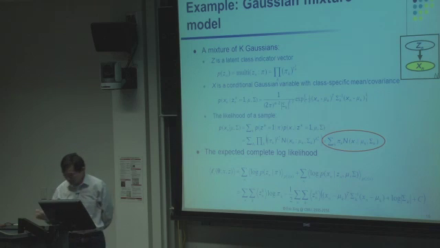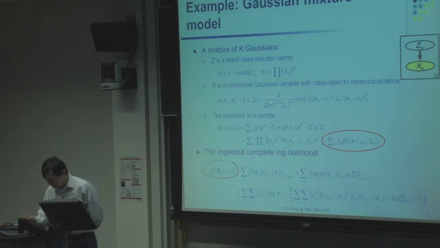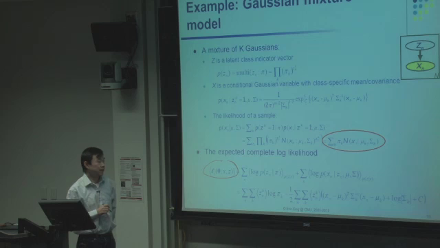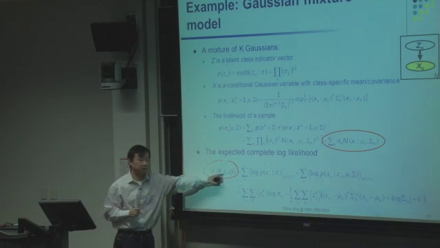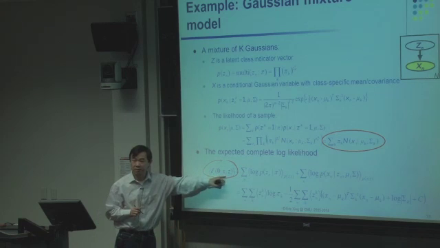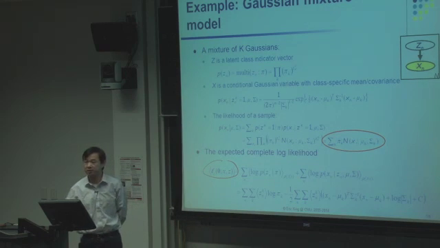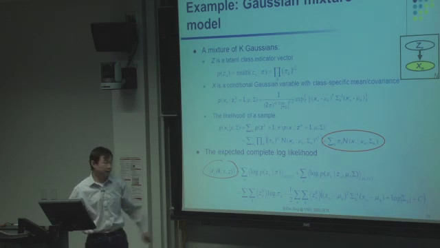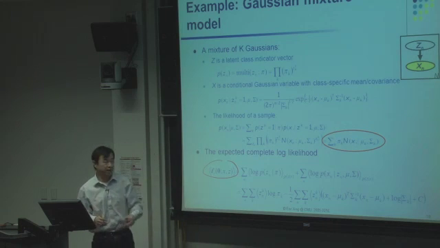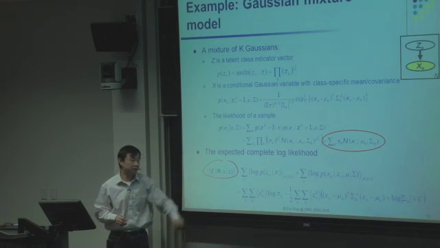So we introduce a quantity called the expected complete log likelihood. We said originally that we don't like this term inside the bracket because it is not a fixed constant, and the problem is z. The easiest way is to get rid of z by taking the expectation over it.